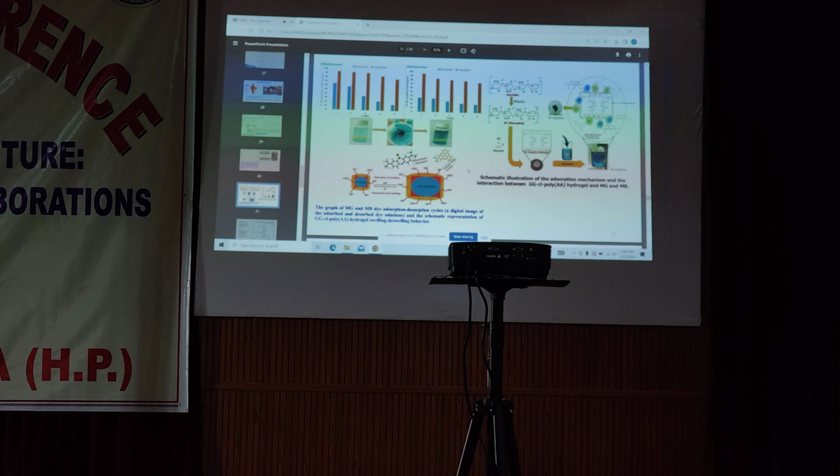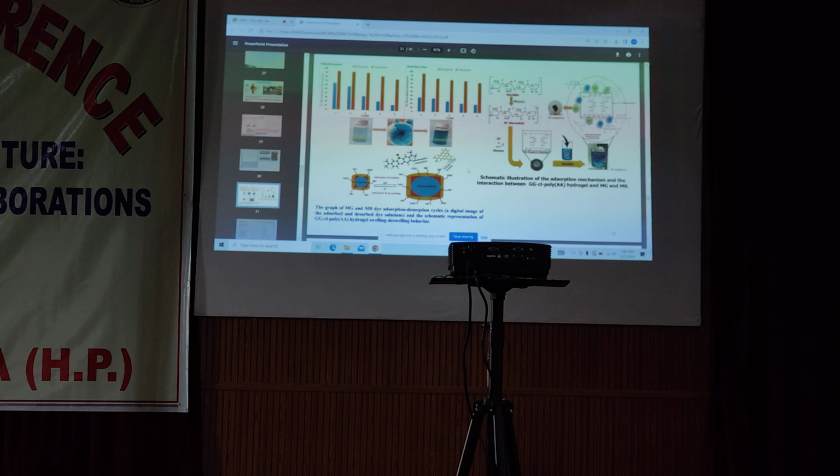As you see in this picture, why methylene? Because this particular material, because of the presence of acrylic acid over it, has a chain of carboxylic CO bonds or OH bonds.